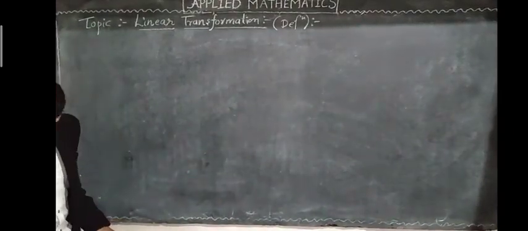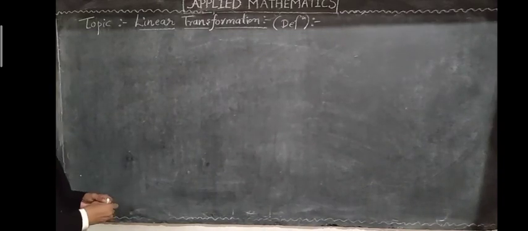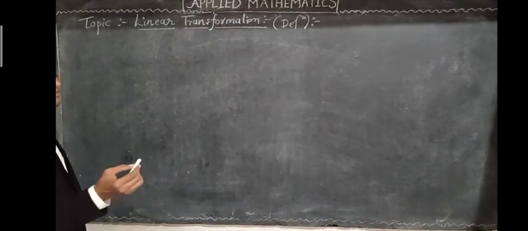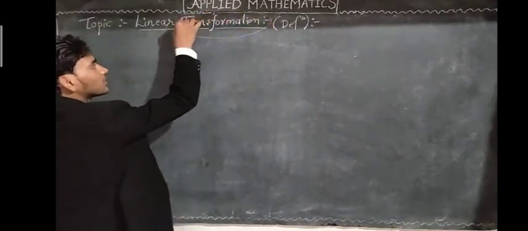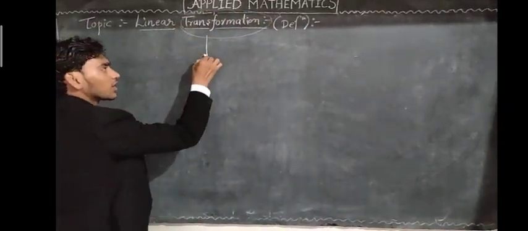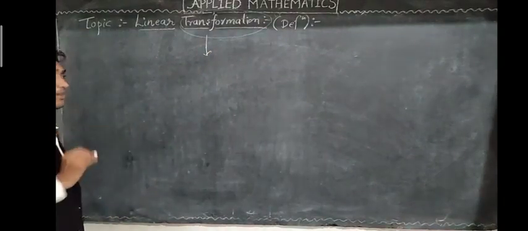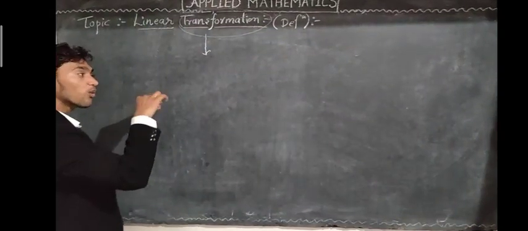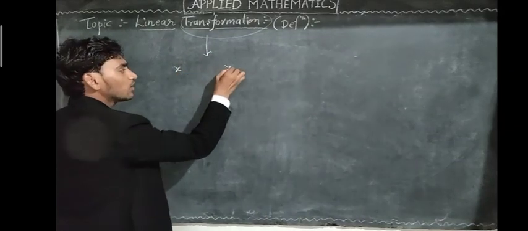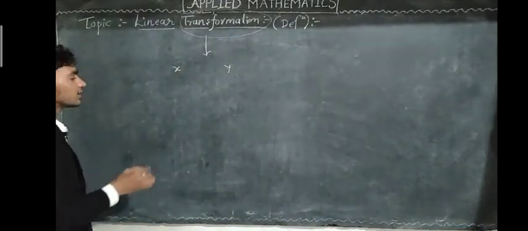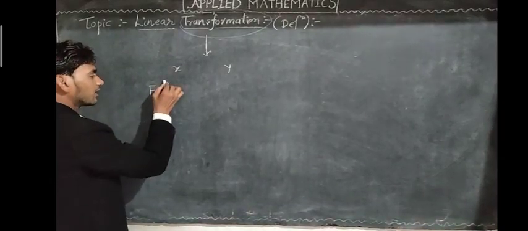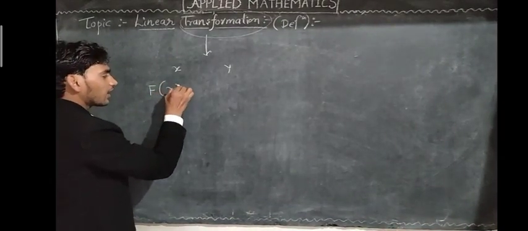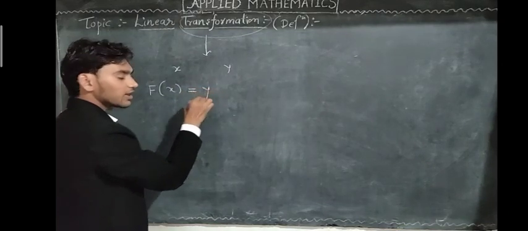So starting with a basic definition. In a linear transformation, what is meant by this word transformation? Transformation is a mapping which converts one thing into another thing. That is, f is said to be transformation if it converts x into y.